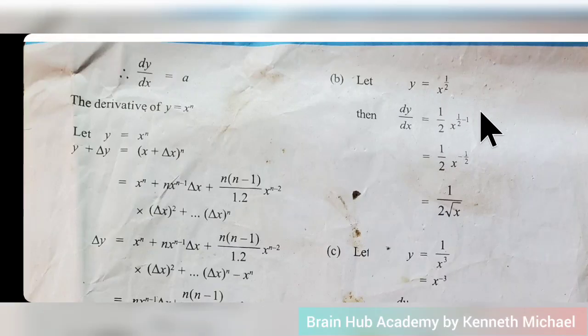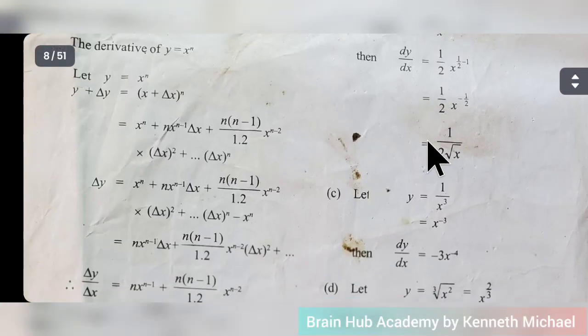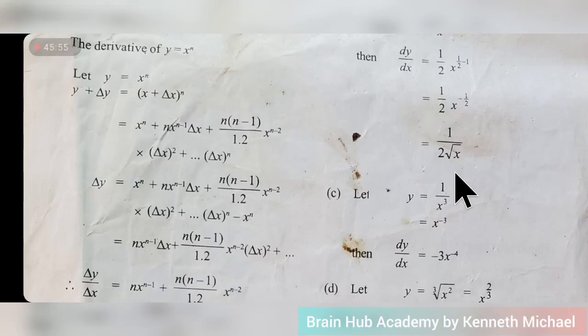And then reduce half by 1, which is minus half. And then we have half s raised to power minus half, which is the same thing as 1 all over 2 root s. Why is it root s?